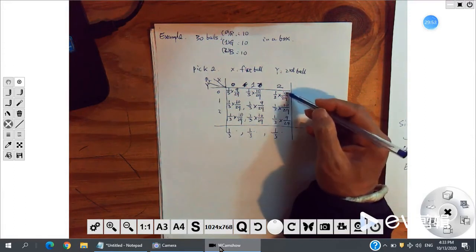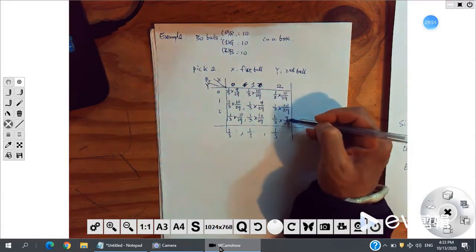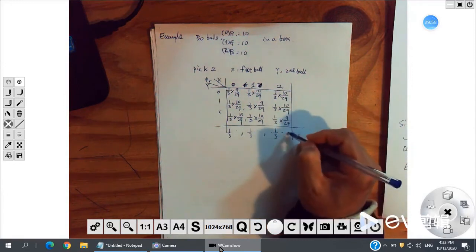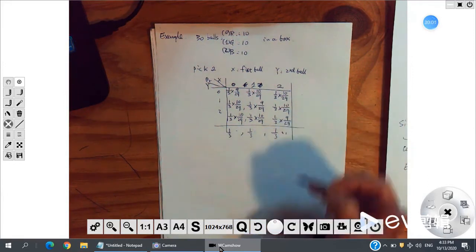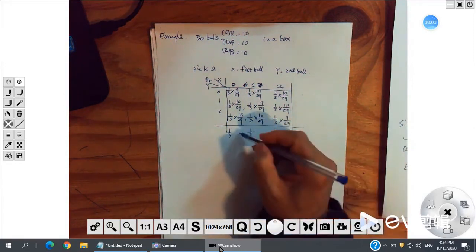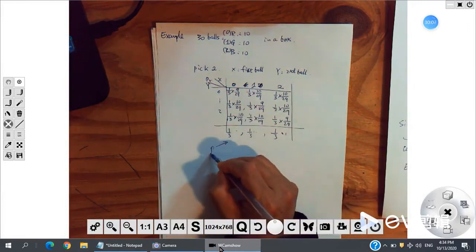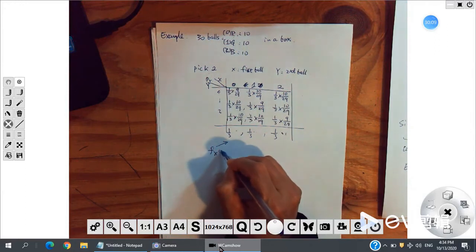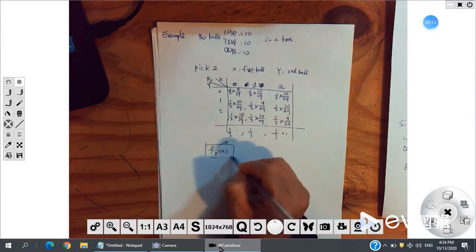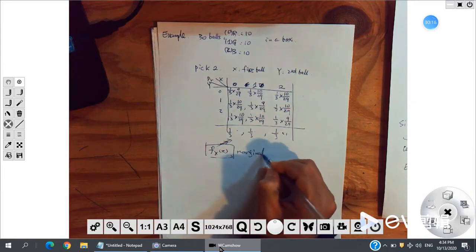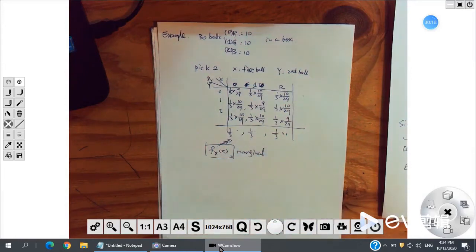Overall 10 plus 10 plus 9 over 29 is 29/29, which is 1 times 1/3. These are the marginal distribution of x.